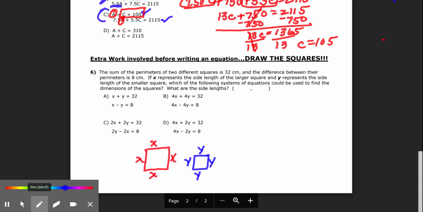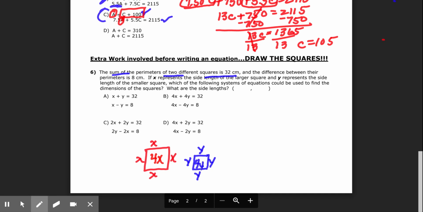All right, so in this situation, we have the sum of the perimeter of the two different squares is 32. So we've got the sum of the two. So we've got right here, this is 4 x's, and then this is 4 y's.